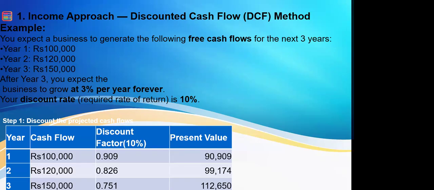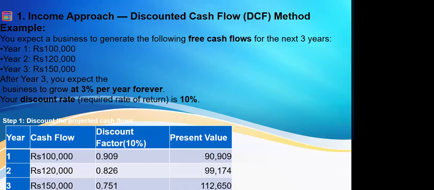Can you calculate and see? 1 divided by 1 plus r, meaning 1.1 to the power 1, gives 0.909. Did you all get the values? Yes, sir. These values are correct. Right, thank you.